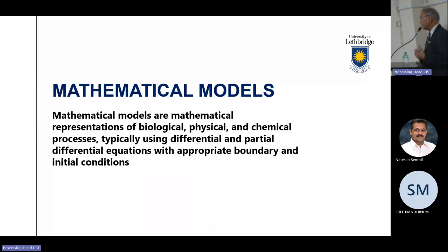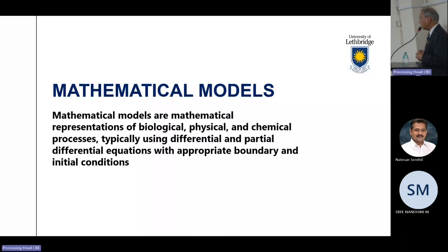So what are mathematical models? Mathematical models are mathematical representations of any biological, physical, or chemical process. Typically, these mathematical models are represented using differential equations, but in most cases, partial differential equations.